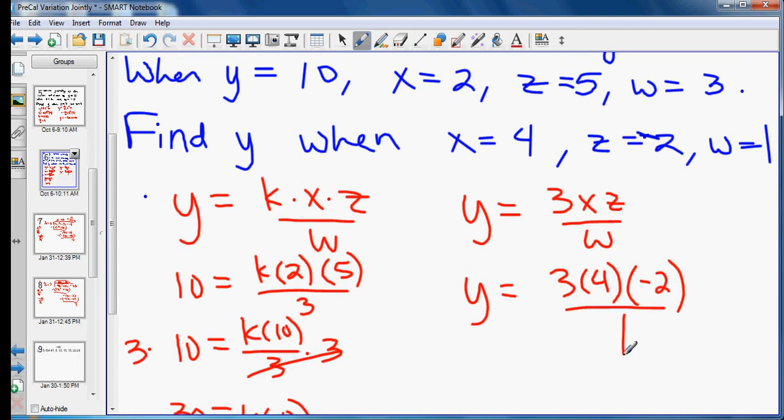So we can just multiply those numbers out. 3 times 4 is 12, times negative 2 is negative 24. And that concludes joint variation.